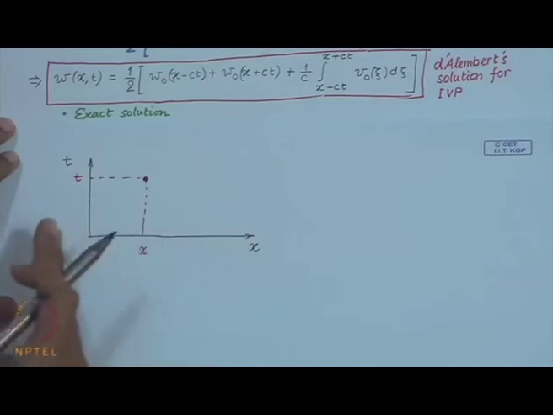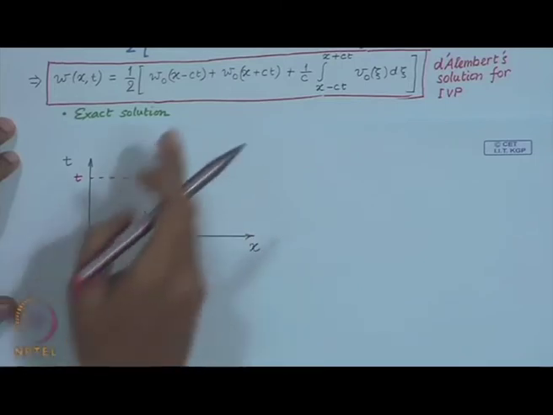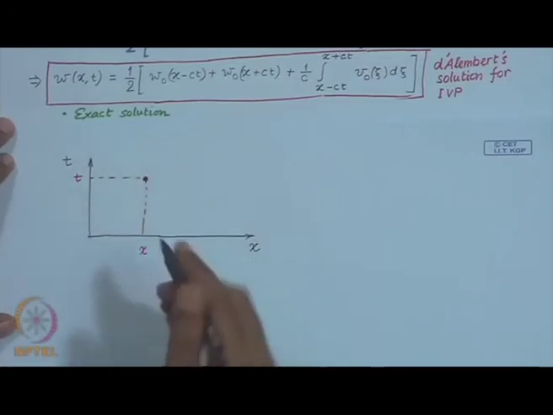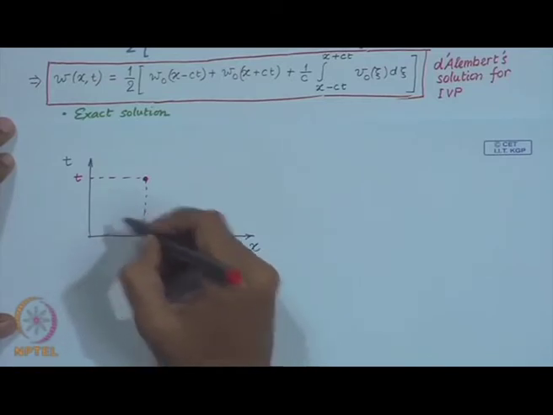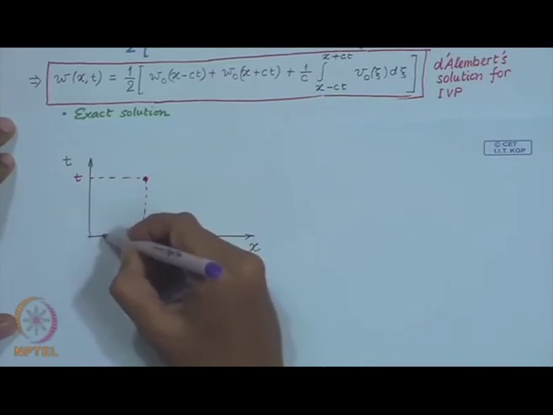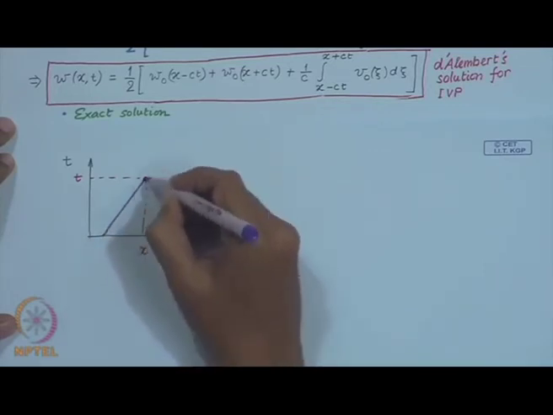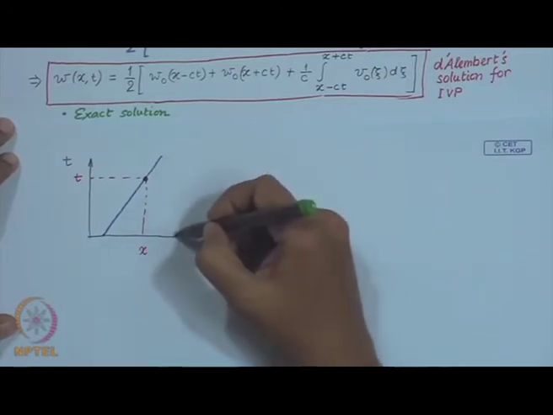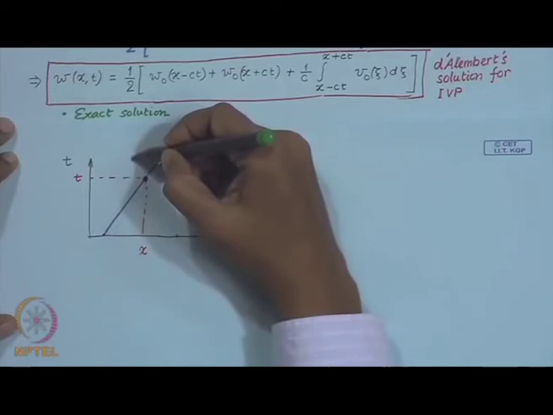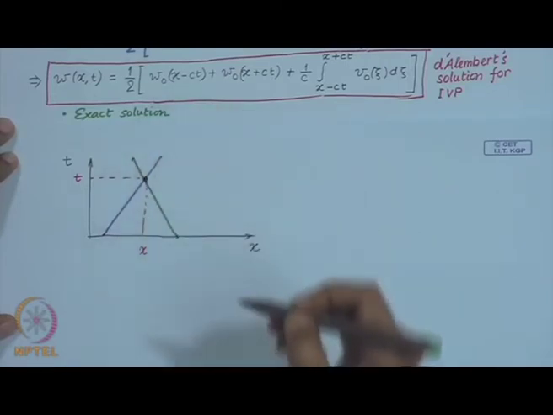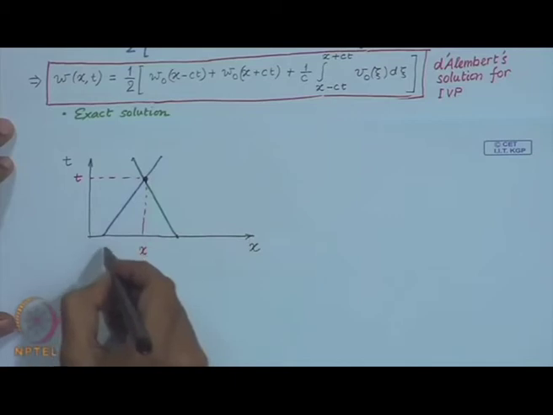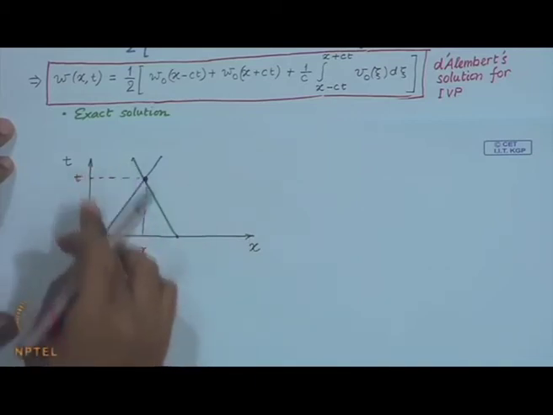Now, in the space time diagram, the positive travelling wave moves along the positive characteristics of the wave, when the time has progressed from 0 to t.